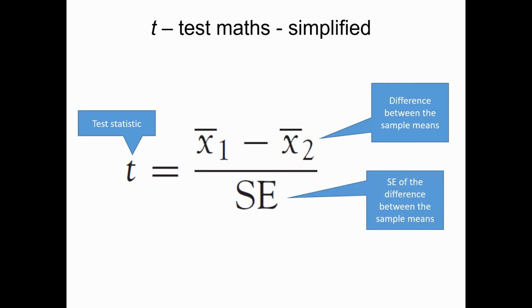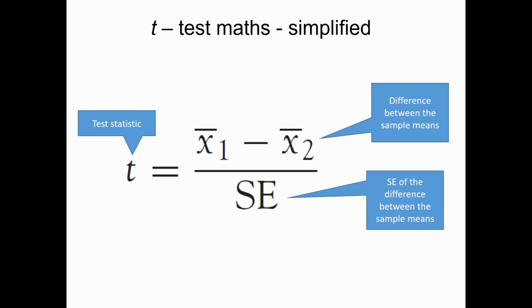I wanted to resolve all this down to a simpler format so you could really get a feel for what's going on: the test statistic is essentially a proportion related to the magnitude of the difference between the means. In other words, the magnitude of the effect of the treatment divided by some measure of the variability in that effect, right? The standard error of the difference between the sample means.